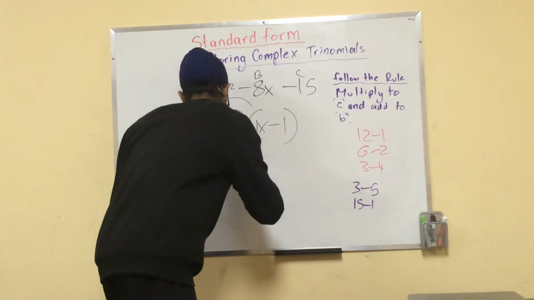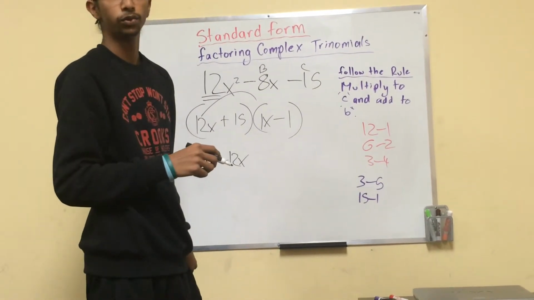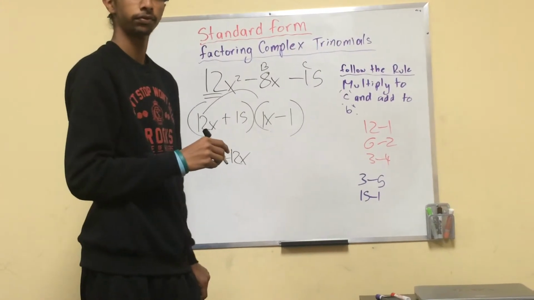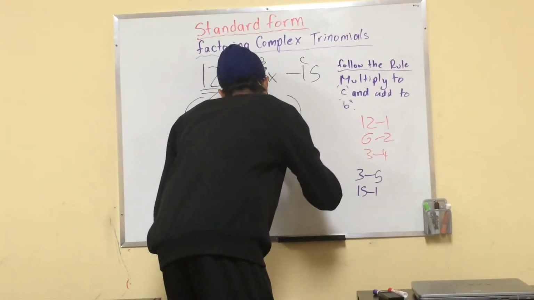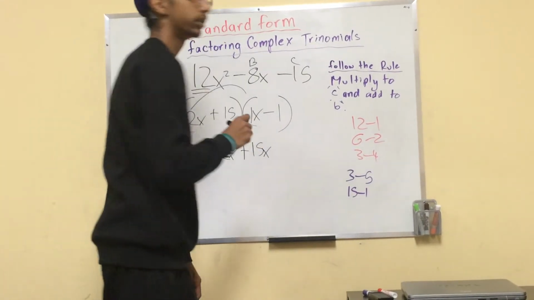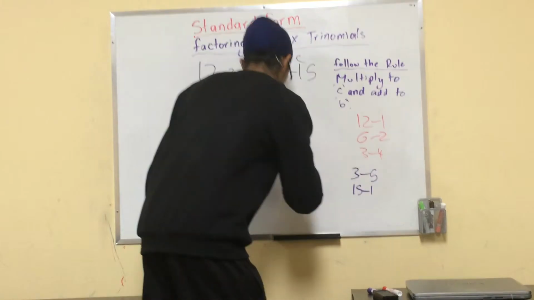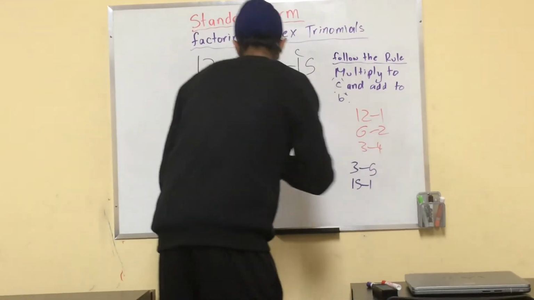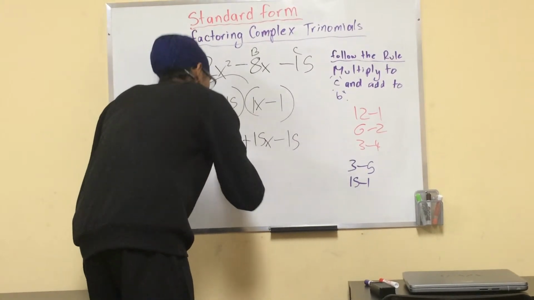Negative 12x. Okay. What's 15 times 1x? 15x. Okay. And what's 15 times negative 1? Negative 15? Correct.